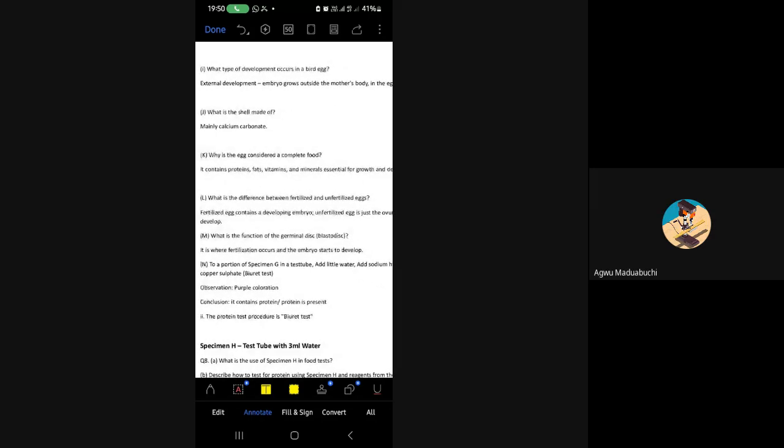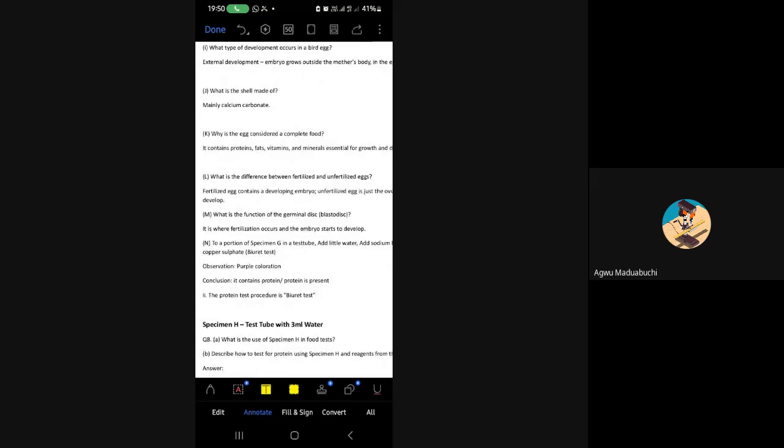So the egg is a complete food. That is why there is this campaign, eat an egg a day. It contains protein, it contains minerals, it contains vitamins, it contains fats. We have the germinal disc located within the egg, within the yolk.